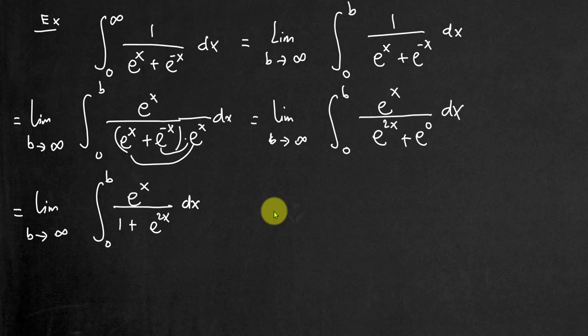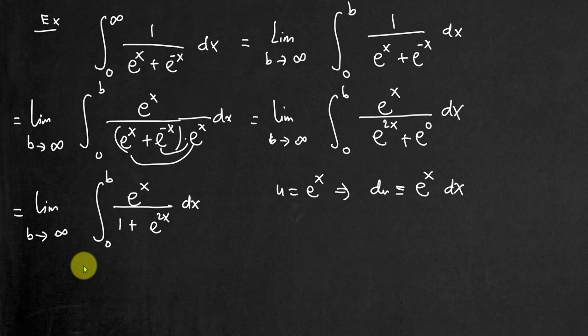From this step, we can start letting u be e to the x, and apply the u-substitution and see what simplified integral we can get. If I let e to the x be u, then du equals the derivative of e to the x, which is still e to the x, dx.